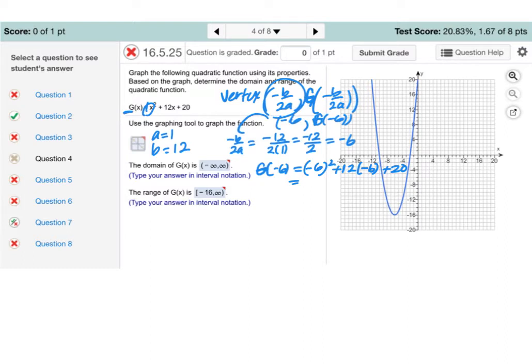Okay, and so for the negative 6 squared, we'll get 36 plus 12 times negative 6, we'll get minus 72 plus 20. Okay, and so this will simplify to a negative 16. So our vertex, which is the first thing we want to plot within MyLab, will be negative 6, negative 16.